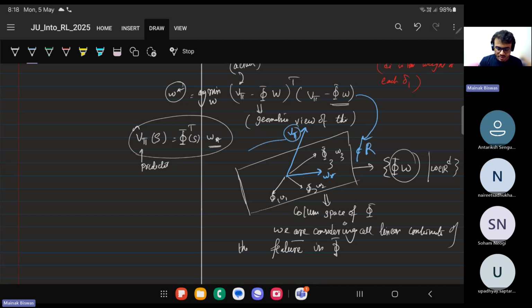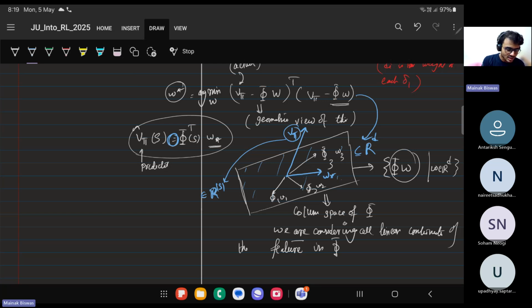V pi belongs in R^S, so this is an S-dimensional vector, but this vector space could be only a subset of R^d, because we have only d feature vectors. So we cannot directly get a vector that would be equal. This equality will not hold.